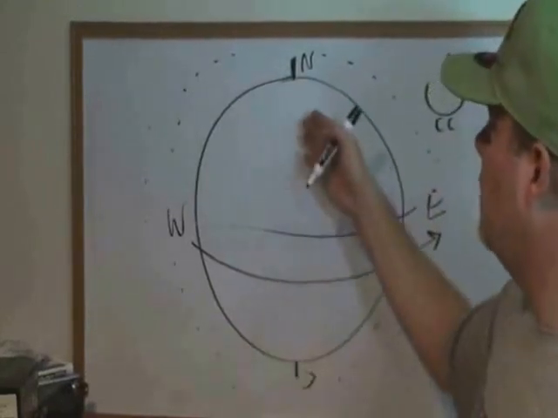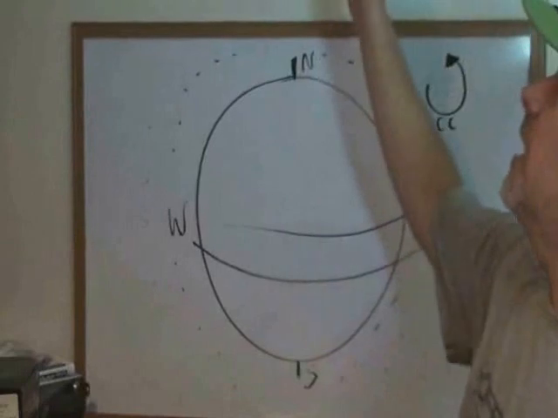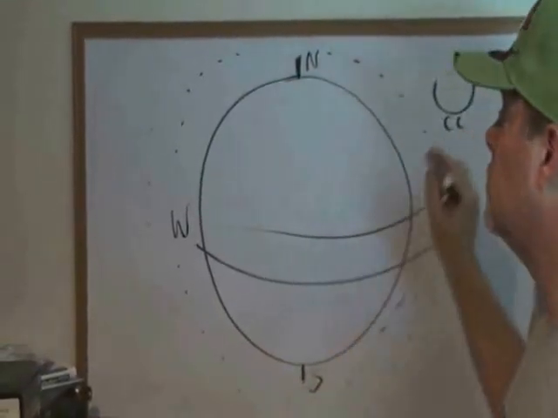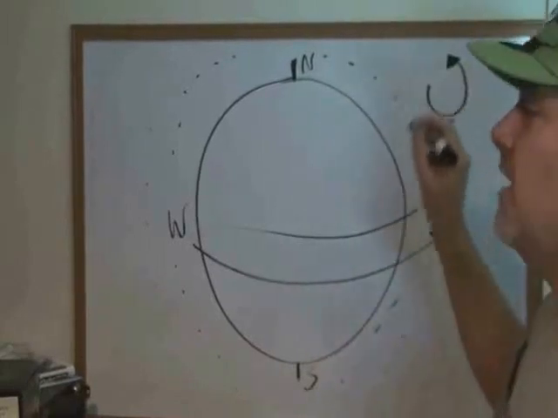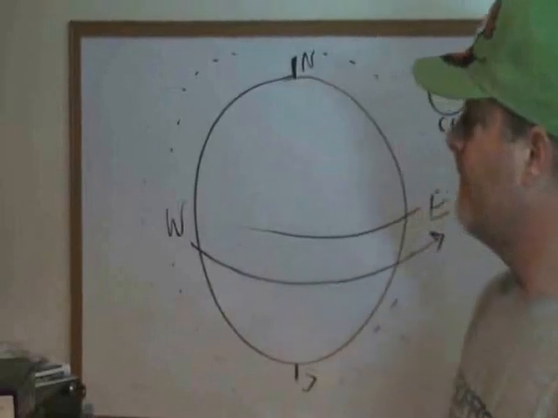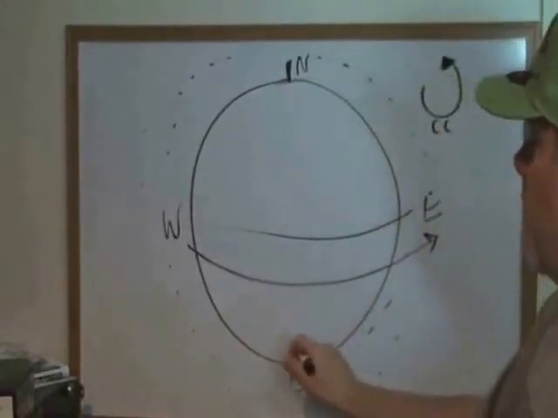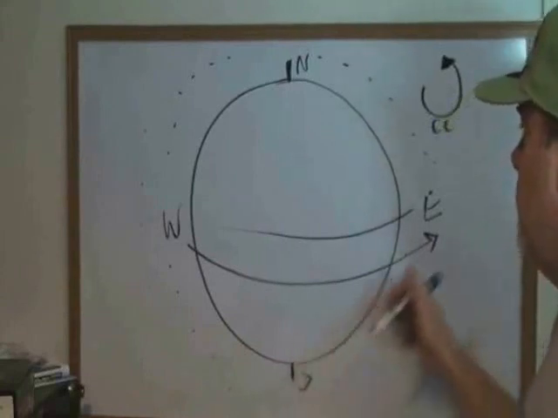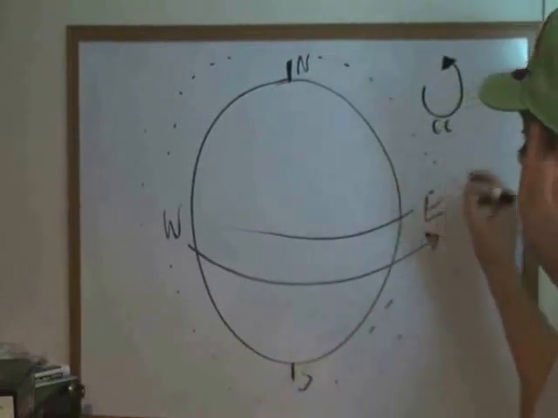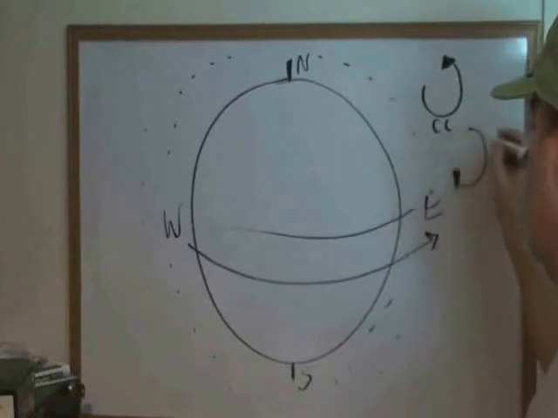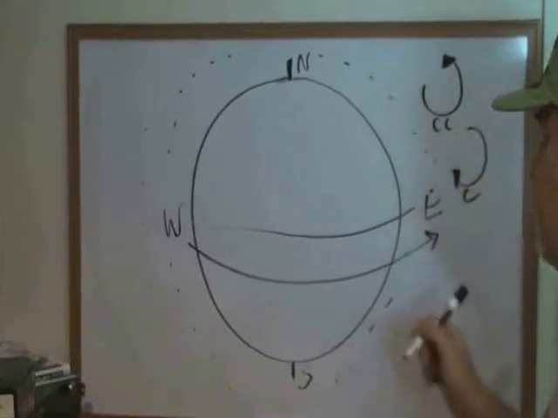Now, if you are in the northern hemisphere and you look up, you will notice over a period of time that the stars appear to be traveling in a counterclockwise direction. Cool. Now, if you are in the southern hemisphere and you look up, it would appear as if the stars, over a period of time, would travel in a clockwise direction.